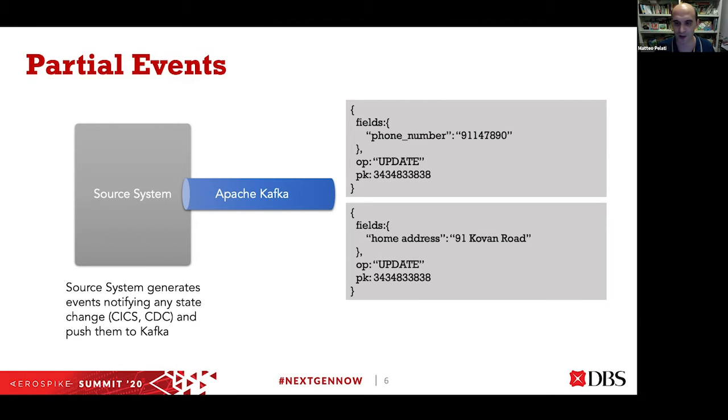In the second, we get the home address update. Now you can understand that if we keep the entire history of these messages in Kafka, it's going to be impossible or very hard for an application to reconstruct the original record by processing the entire history. So we have to find a better way to address this.